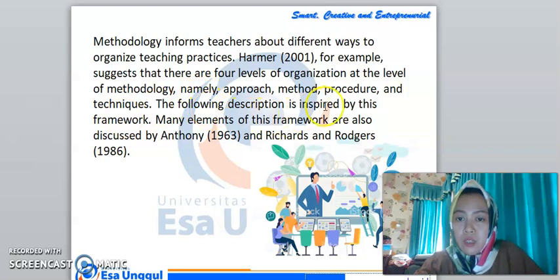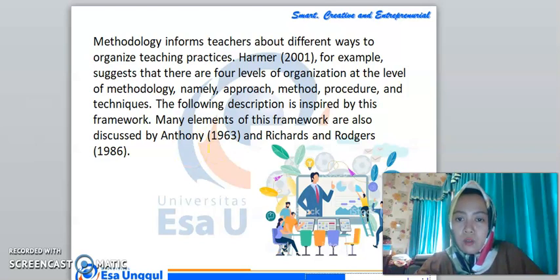The following description is inspired by this framework. Many elements of this framework are also discussed by Anthony in 1963 and Richards and Rodgers in 1986. So the 4 levels of organization here are discussed by Harmer, Anthony, and Rodgers.